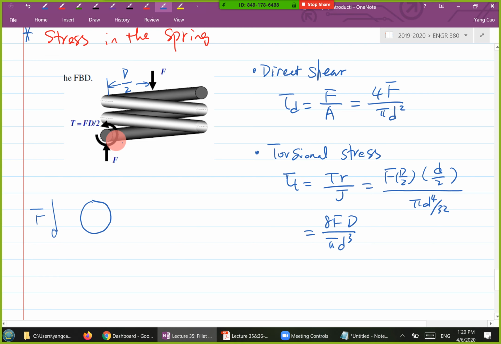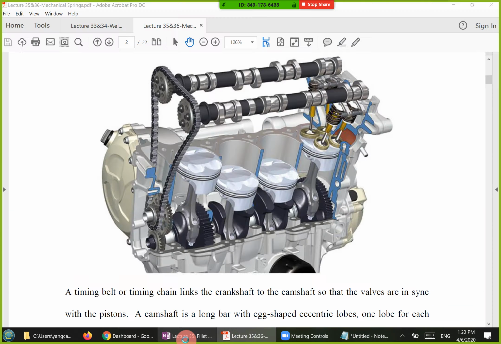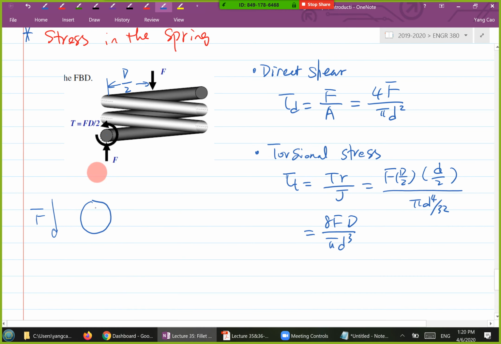On the other end, the torque will go this way. So at this end, you have tau equal to tau T plus tau D. That will be your total shear stress.